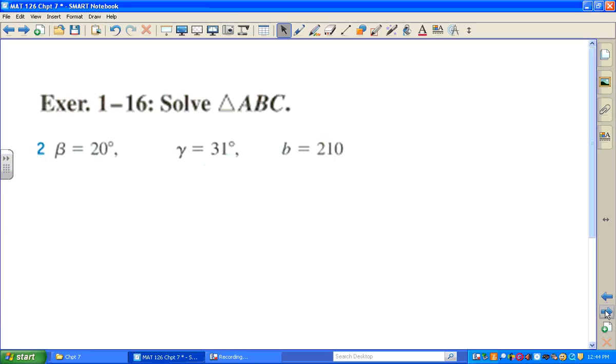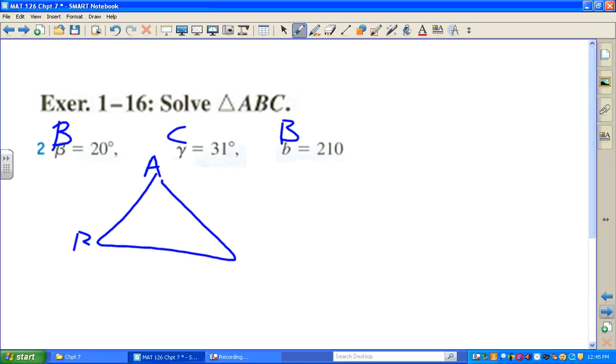Well, absolutely not. Remember, this means b, this means c, and that means a capital B, right? If I draw my triangle, remember, I always draw the same one, usually. A, B, C. Or I might not label it correctly, but if b is 20, c is 31, and B is 210. Is this a side side angle situation? Nope. Absolutely not. So how many answers are going to be? One.